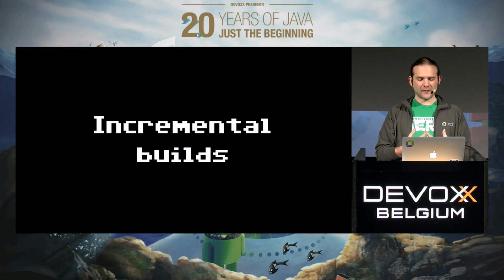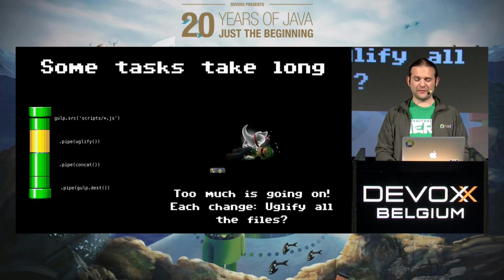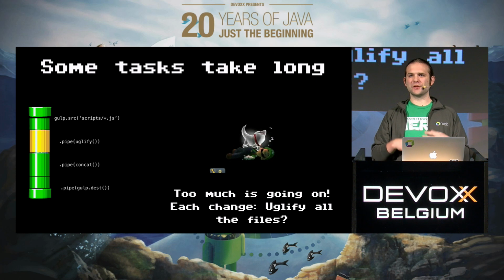So what we are going to do now is to take care of those performance-heavy tasks. Some tasks take way too long. So we have Uglify, and Uglify, especially for jQuery, needs some time. So we have to ask ourselves, every time we are going to do a change, do we really need to compile the whole stuff?